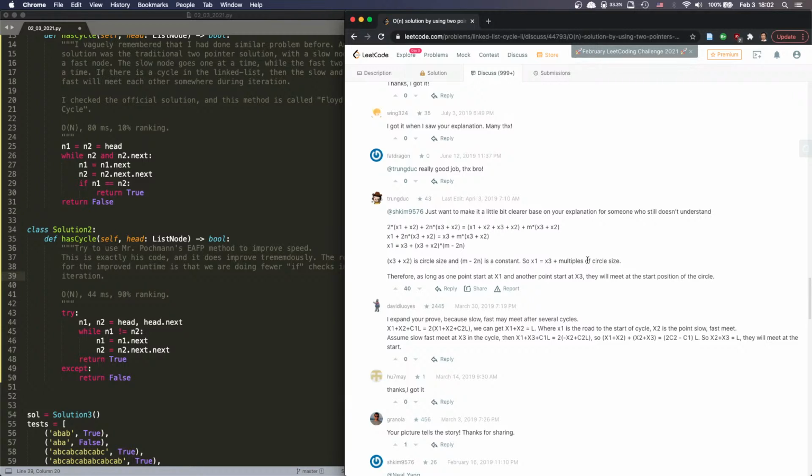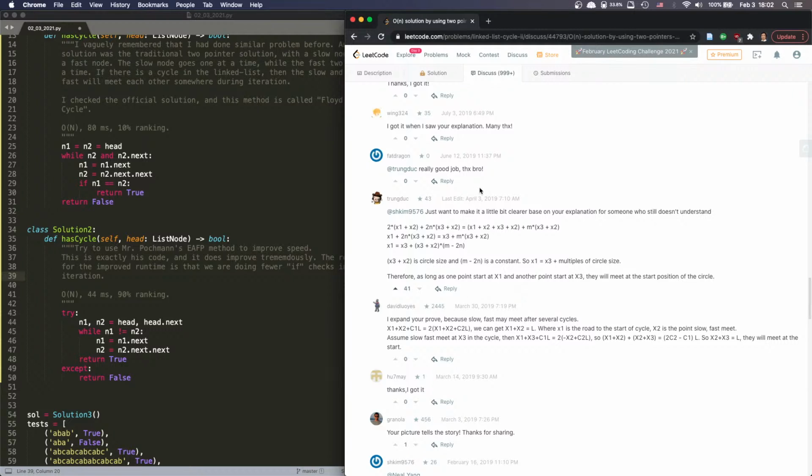So m equals p, and then any number of times of circles that it has done. That's a much better explanation. Yeah, that's a much better explanation.